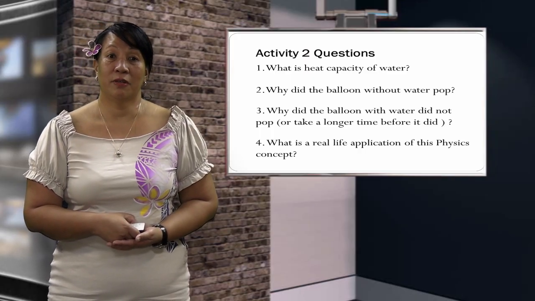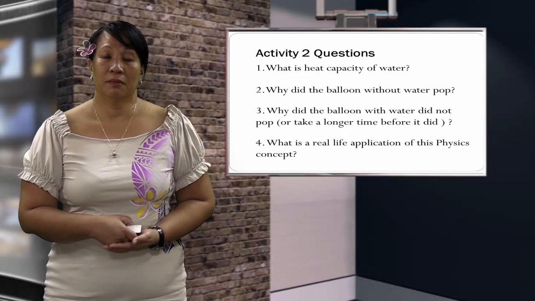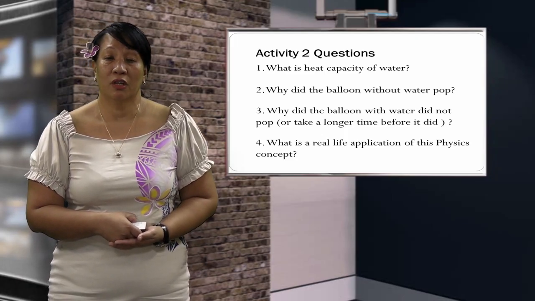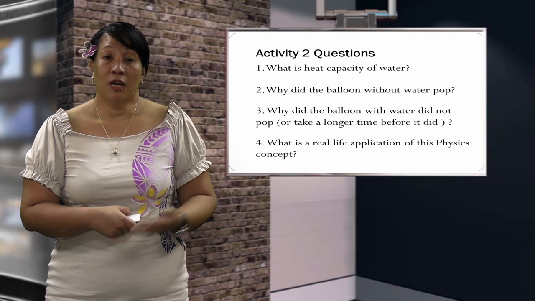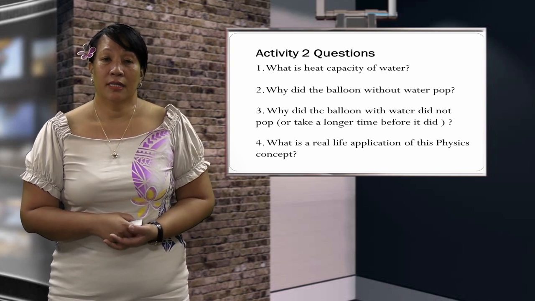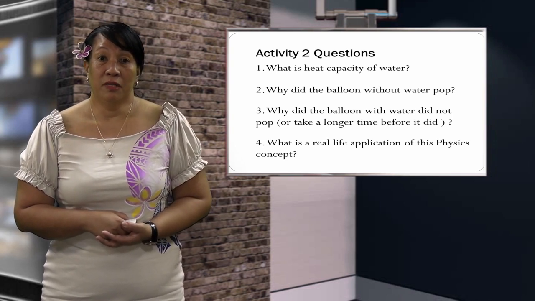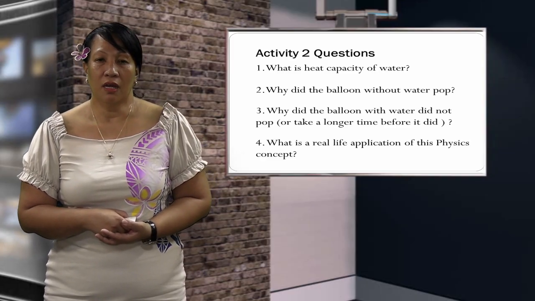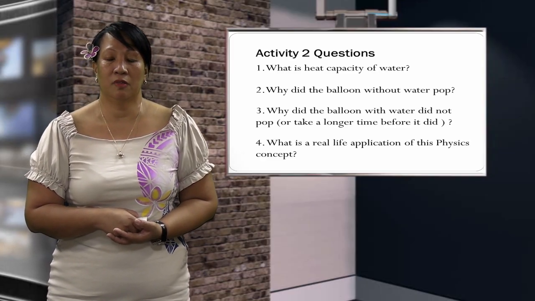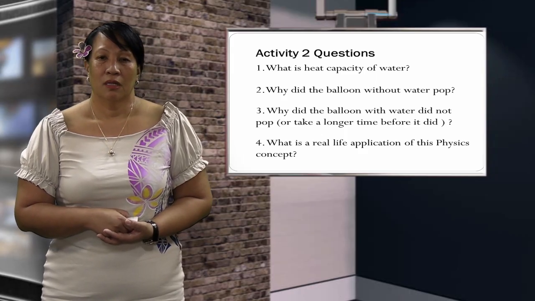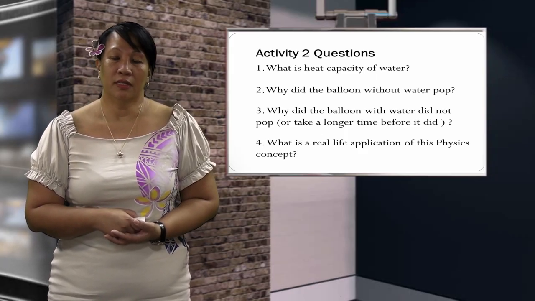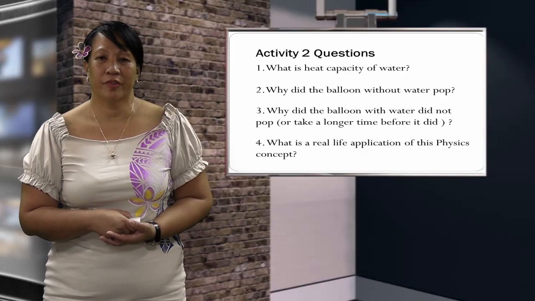Another real life application of the heat capacity of water is when you go to the beach. When you go to the beach, you will notice that the sand is very hot on a hot sunny day. But when you go for a swim in the water, you will find that the water is still cold.